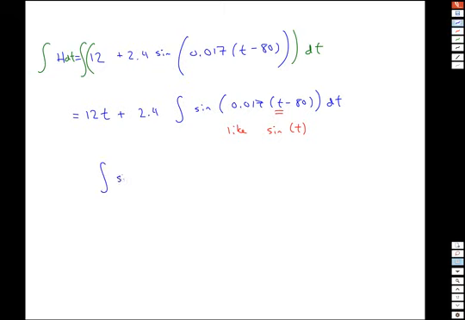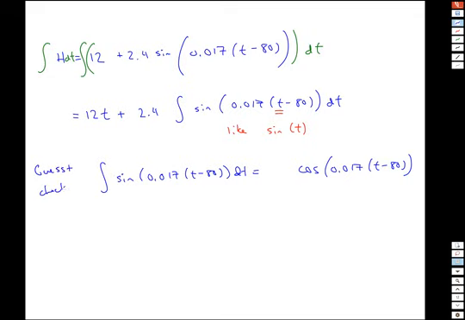So I'd be saying, well, what if I have to integrate sine of 0.017 t minus 80? I know it's going to look something like cos of exactly the same thing. And here we get to practice the differentiation skills. So I think it's going to look something like that. So we're guessing and checking. So how do we guess and check?